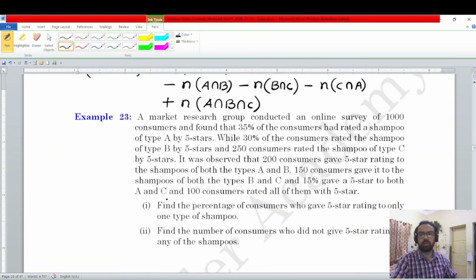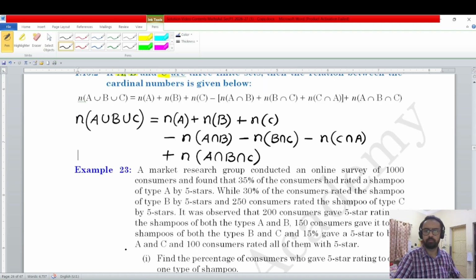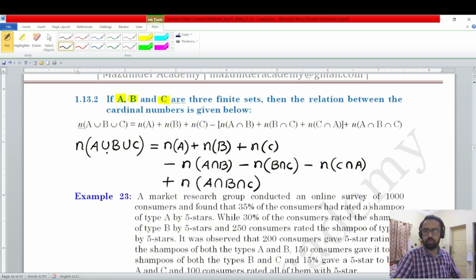And there is a question here in the example. Okay, so this rule we will use in the exercise, and for the time being we are skipping these examples. Readers, you can see these answers after watching my next lecture, because the video is becoming long, so I will stop here.